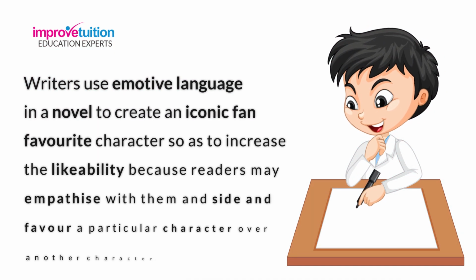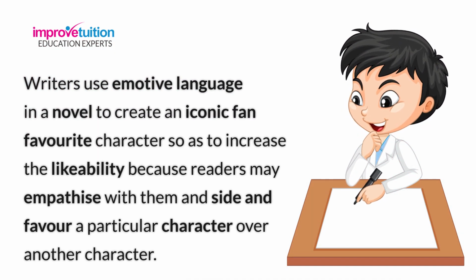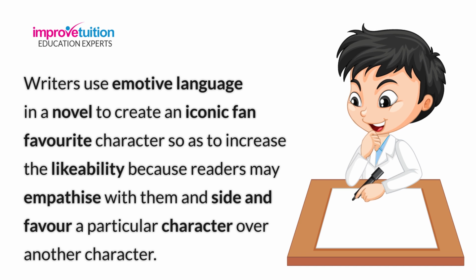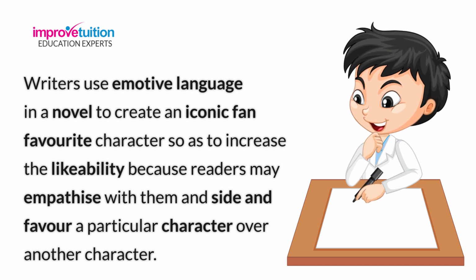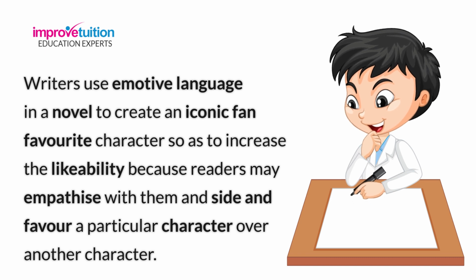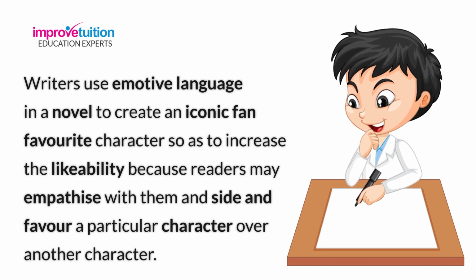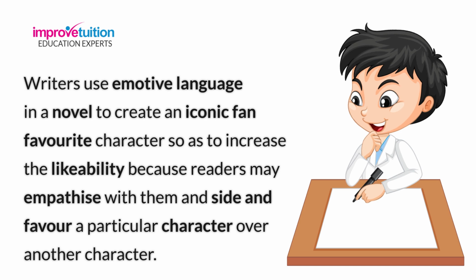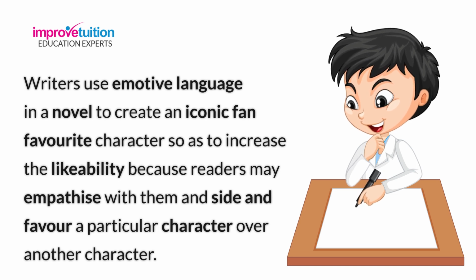Writers use emotive language in a novel to create an iconic fan favorite character so as to increase the likability, because readers may empathize with them and side with and favor a particular character over another character.